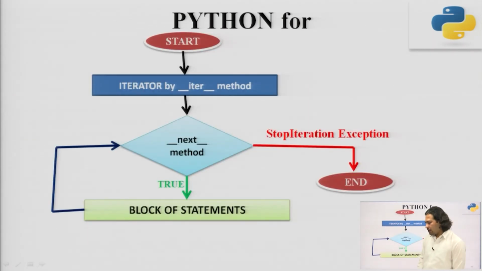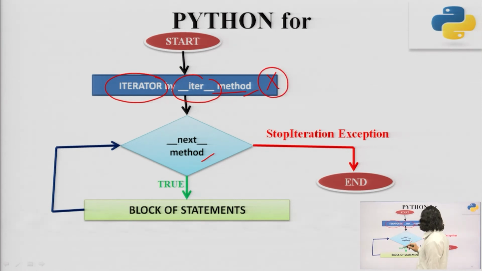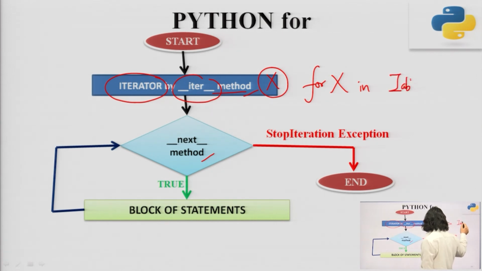Now, this is the working principle. The working principle is very close to a method, because here you can see the very first thing is that you are defining an iterator by the iter method. Whatever variable you have taken, that variable behaves as an iterator. So, for x in iterable, this is the syntax.